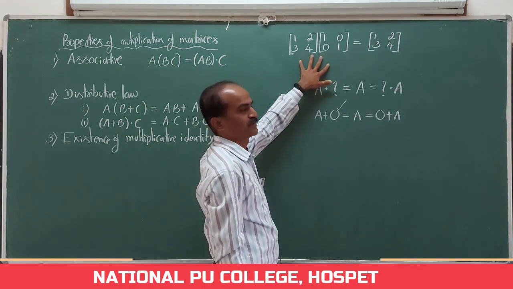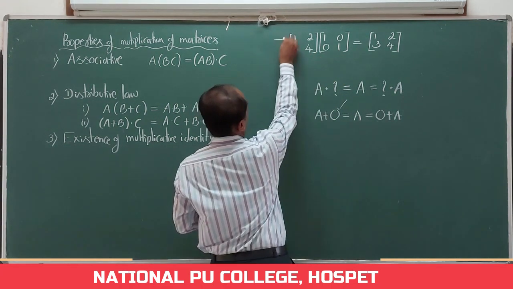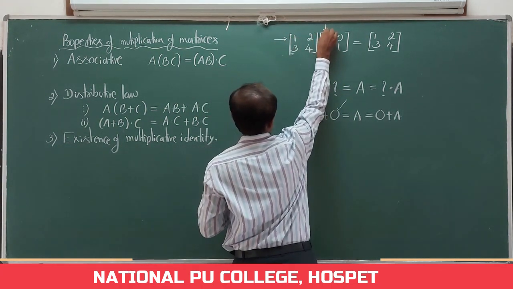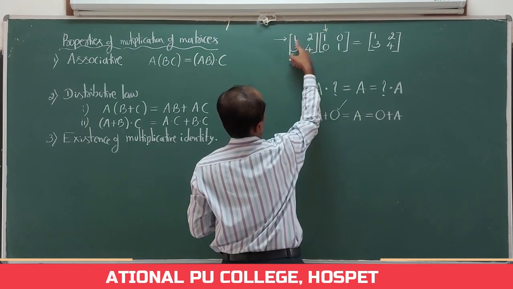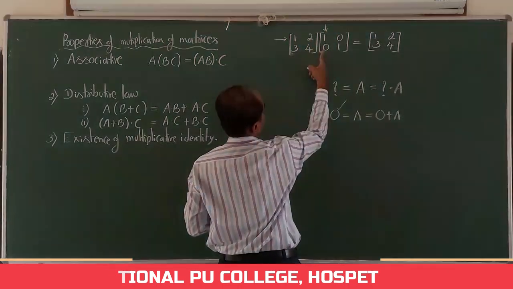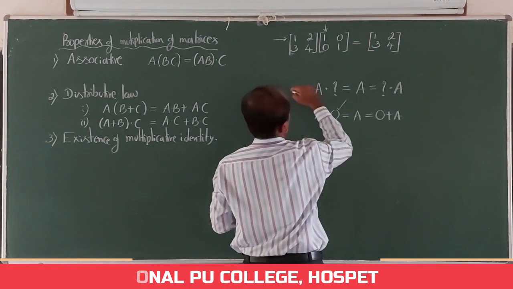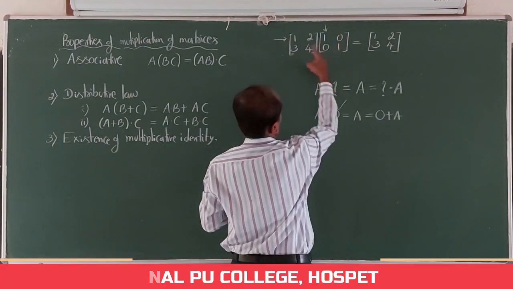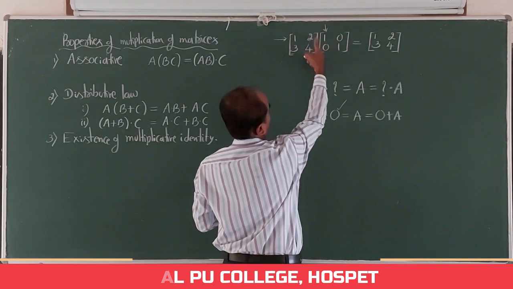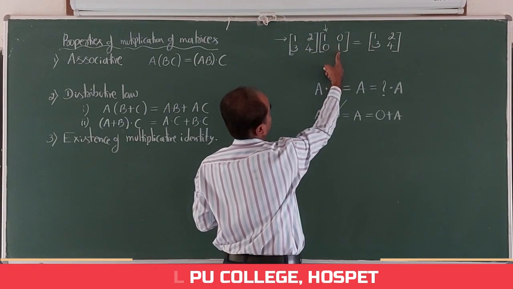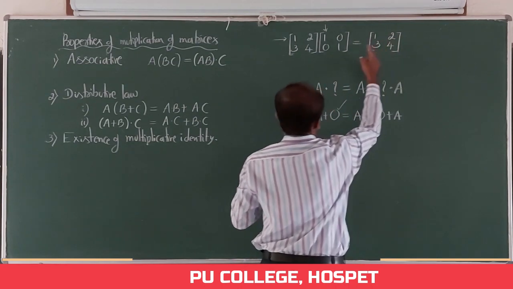Now let us multiply these two. Take first row, first column. Make pairs of elements: 1 into 1 plus 2 into 0. You are going to get 1. First row, second column: 1 into 0 plus 2 into 1, that is 2.